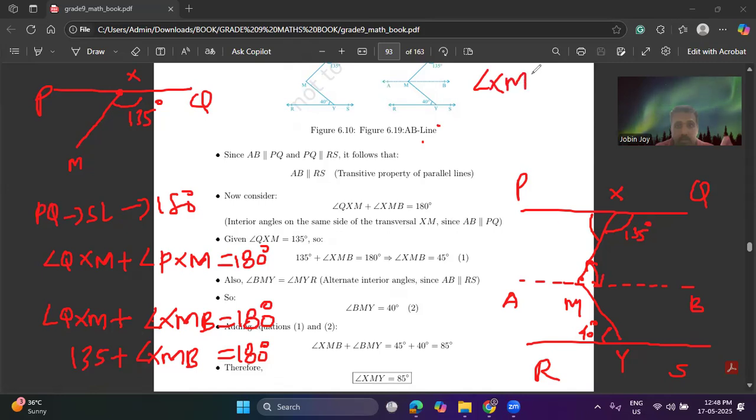So angle XMB is equal to 180 minus 135, which is 45 degrees. So XMB, this angle, is 45 degrees.